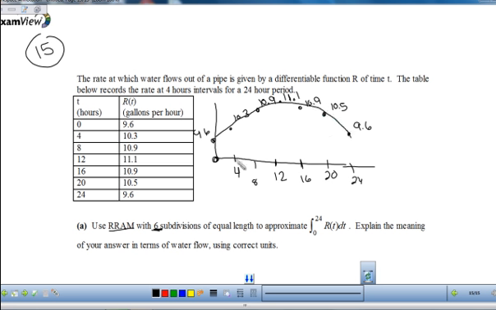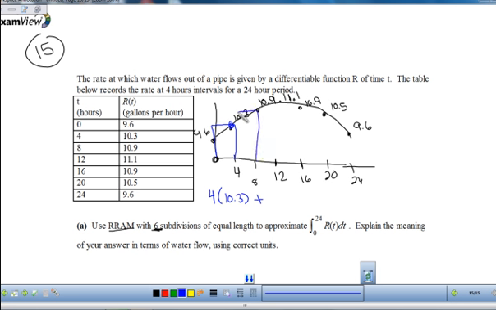So that means the right-hand side of the rectangle is going to touch the graph. So my first area is going to be 4, which is my base, and the height is 10.3.